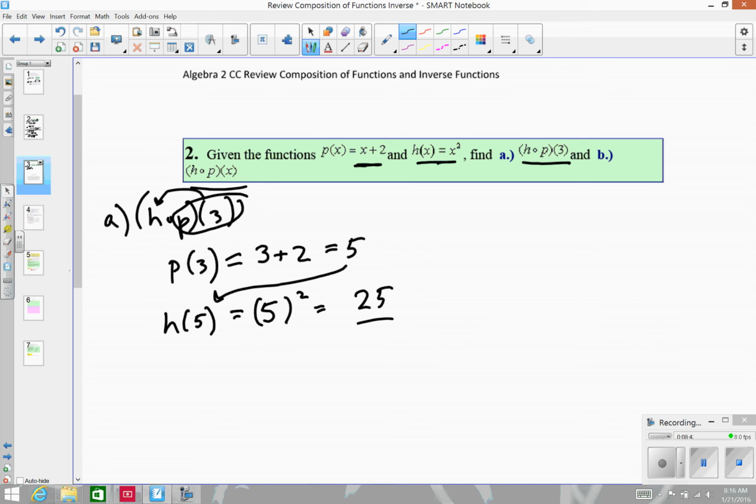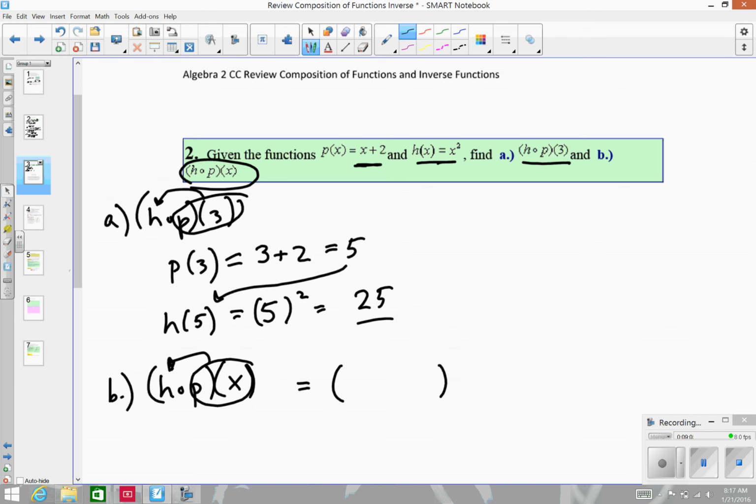Part B now wants me to find h of p of x. So I'm going to put my p of x function into the x value for my h function. So my h function says I have x squared.